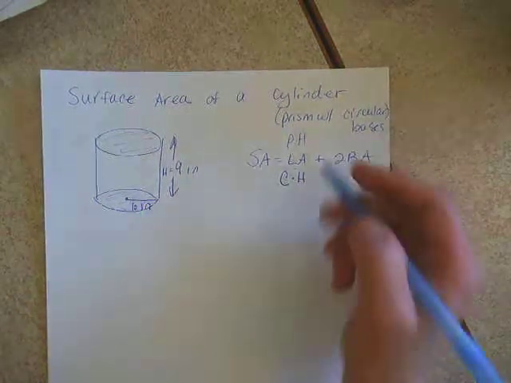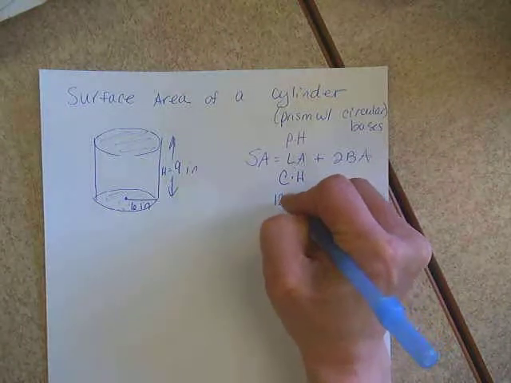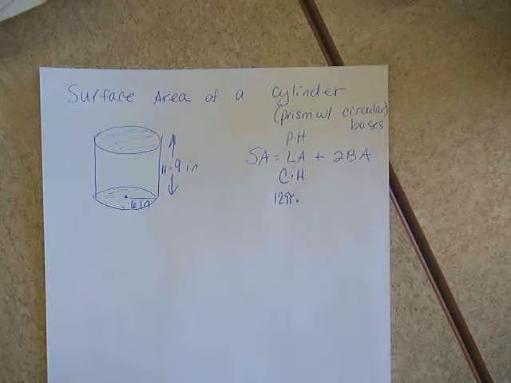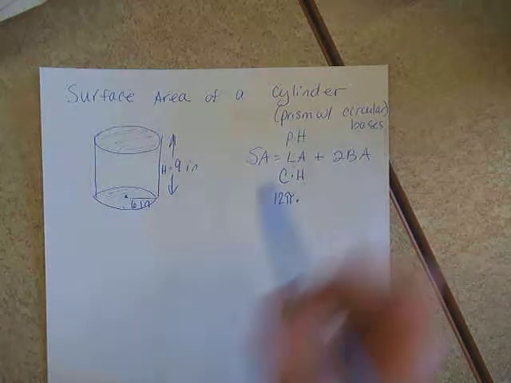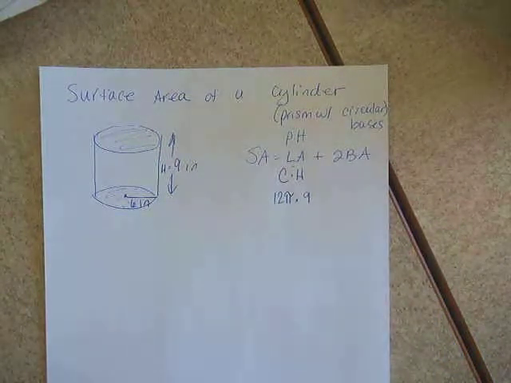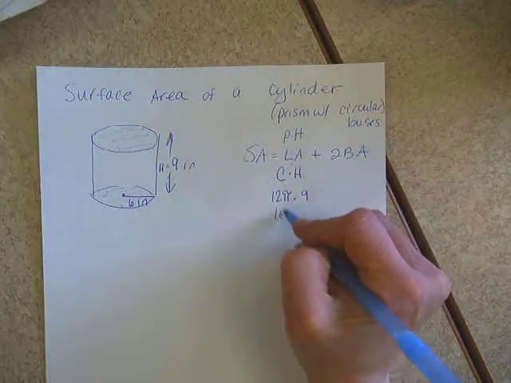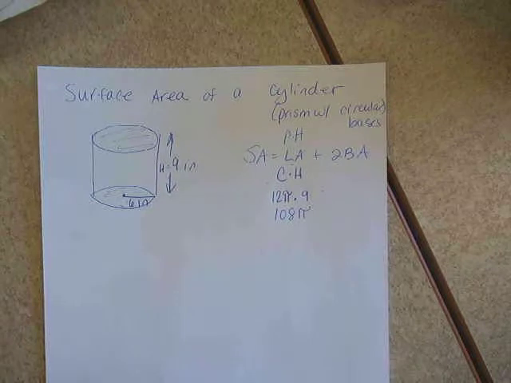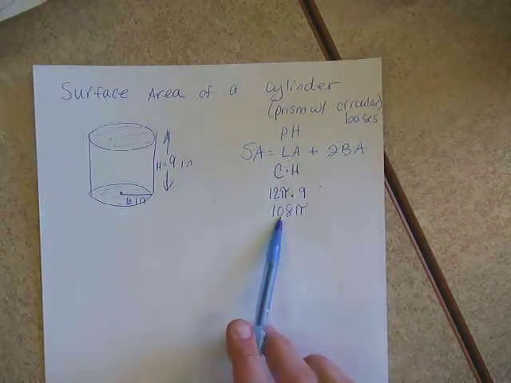Okay, so instead of perimeter, because on the other we had perimeter times height, so this is really circumference times height, yes? Easy way to do circumference is pi d. What is the diameter? 6 inches.